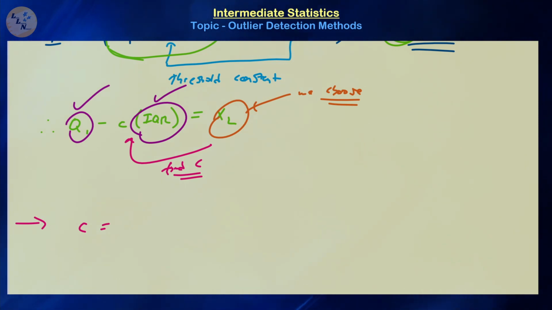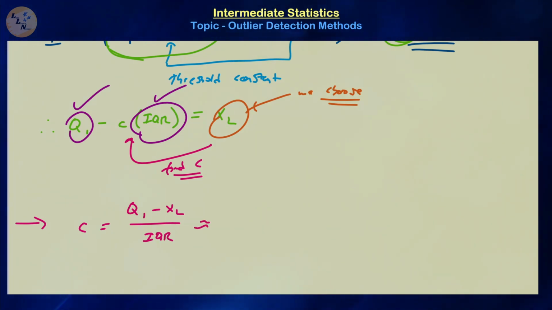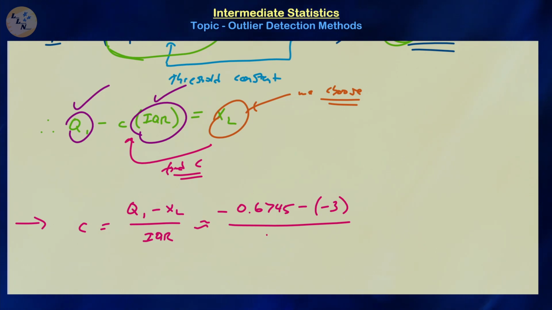So C is going to be equal to Q1 minus XL divided by the interquartile range. That's going to be approximately equal to negative 0.6745, so that's the Q1 approximation, minus negative 3, all over the interquartile range, which is twice that positive Q3 value, so it's 1.3490.